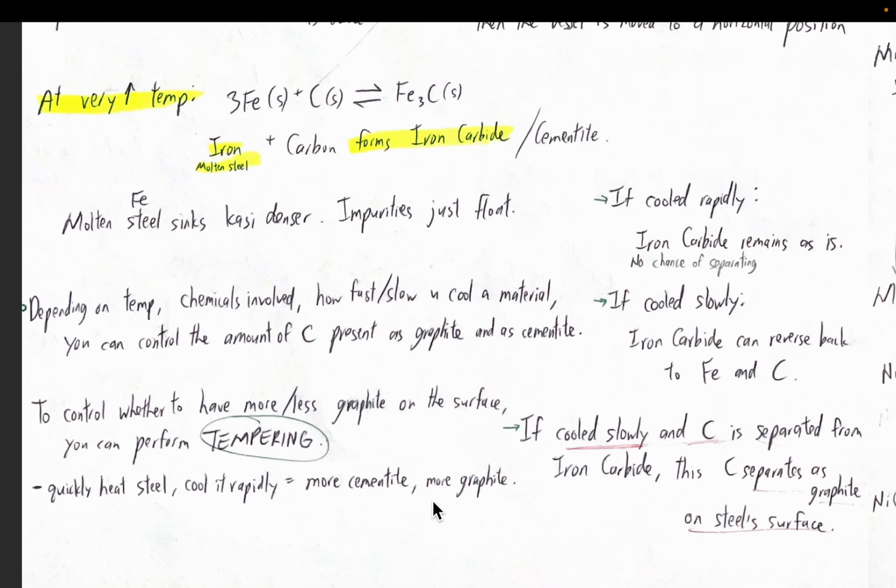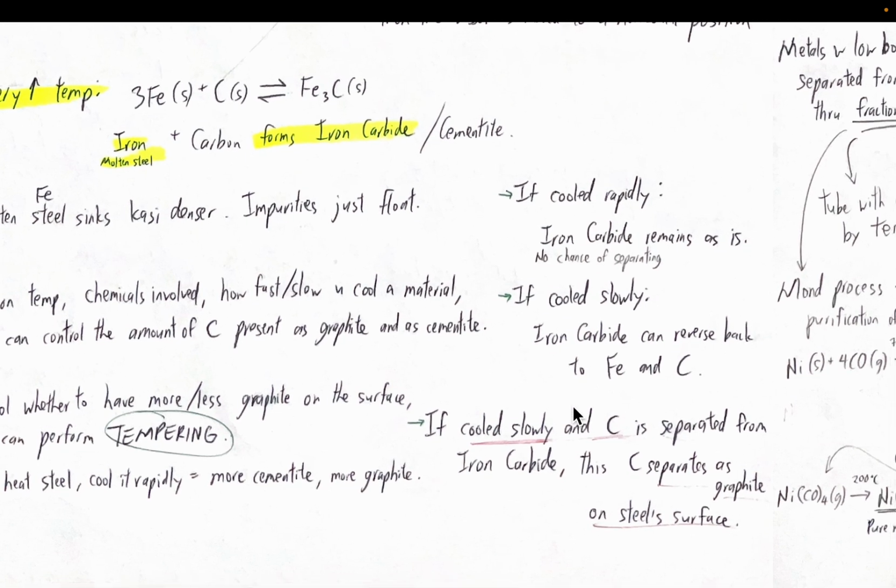In a similar perspective, if you cool slowly the iron carbide, it can reverse back to iron and carbon. Ideally, this is what you want to happen. If you cool slowly and carbon is separated from iron carbide, this carbon separates as graphite on the steel's surface.